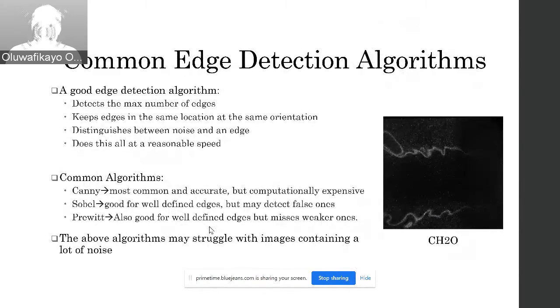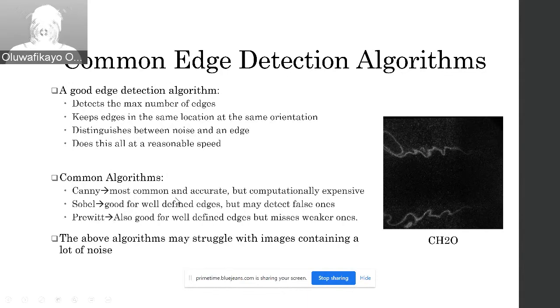So a good edge detection should be able to detect the max number of edges in an image while keeping all of the edges in the same location at the same orientation. So it also needs to be able to distinguish between noise in an image and an edge and do all of this at a reasonable speed. So some common algorithms include Canny, Sobel, and Prewitt.